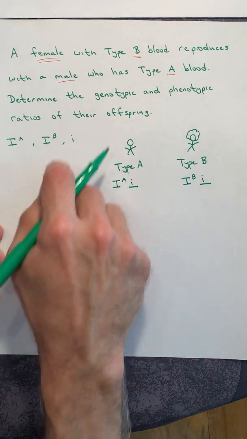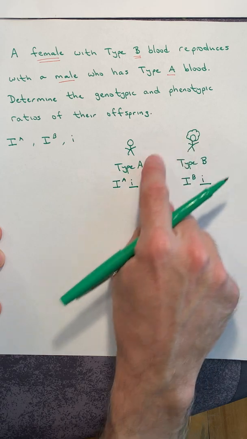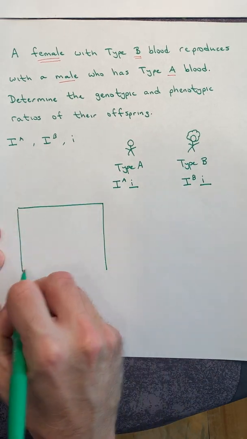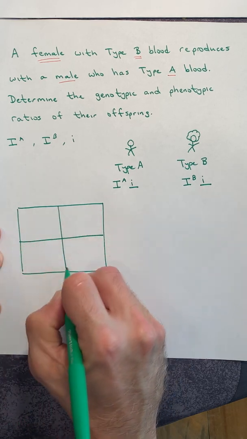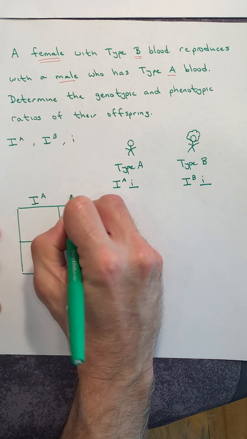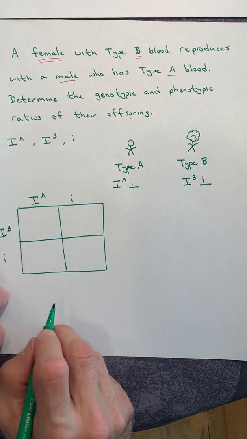All right, so step 1, read the problem. Step 2, list your alleles. Step 3, lay out your cross. Okay? Now, Punnett Square. Thank you, Reginald Punnett, for rediscovering Mendel's work. We appreciate that. His contribution here, her contribution here.